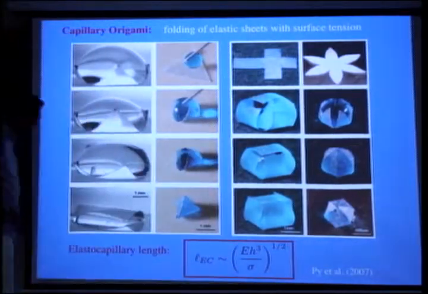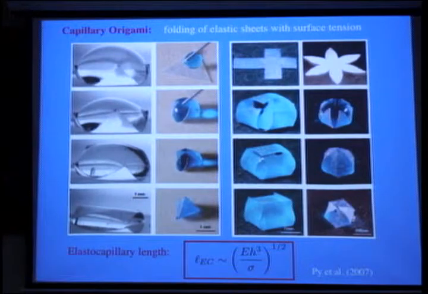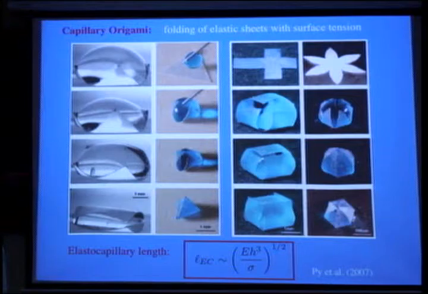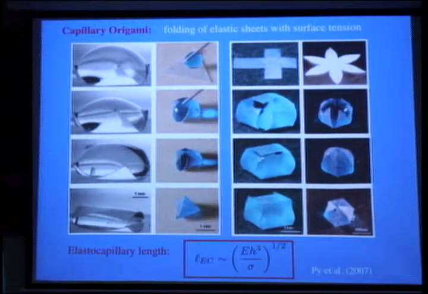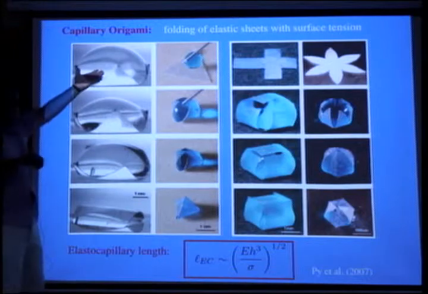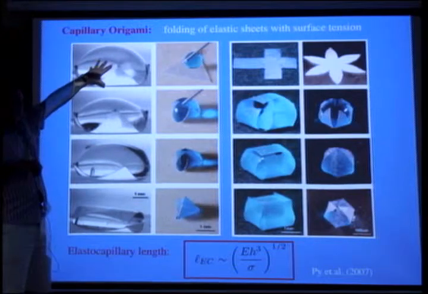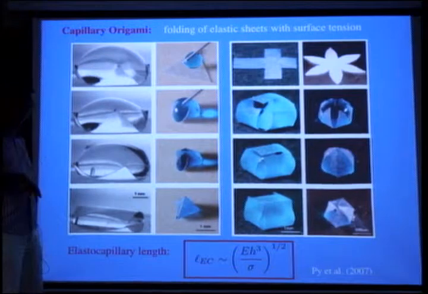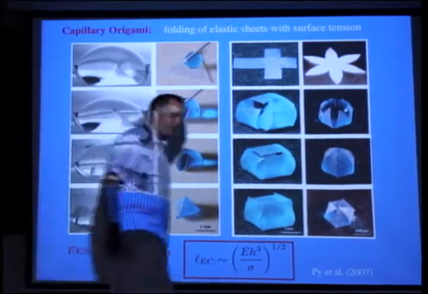So if the sheet is large enough, then the bending cost is less, so you can expect the surface tension to bend it. But in order for this to happen, where you have a fluid drop, surface tension has to overcome gravity, which means you have to be small relative to the capillary length.